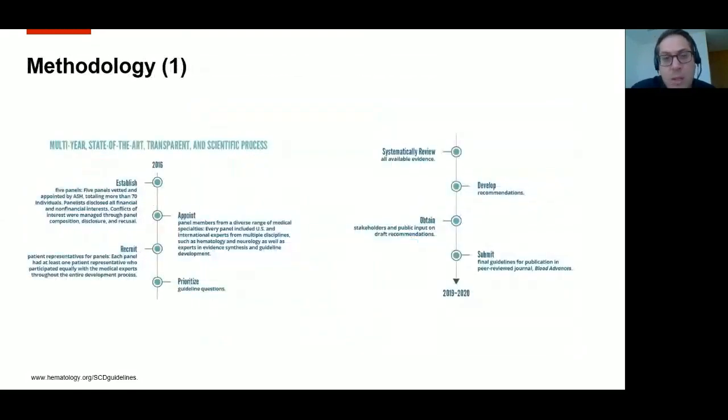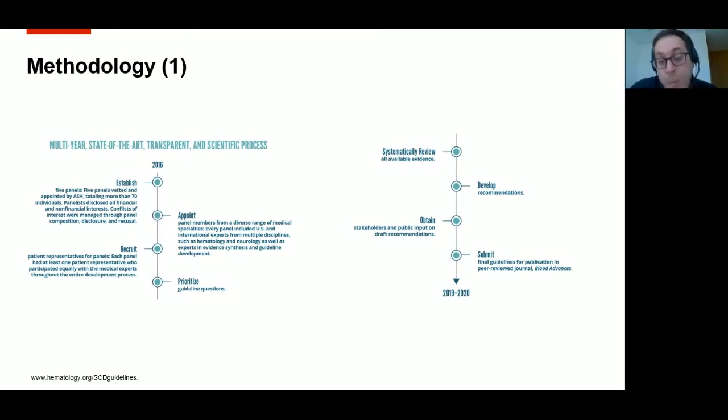It was, again, a process that started in 2016, a collection of panels into 5 panels. Almost 70 physicians were involved in the development of guidelines and appointed. A lot of consideration went through looking into conflicts of interest to make sure that these are addressed before the development.